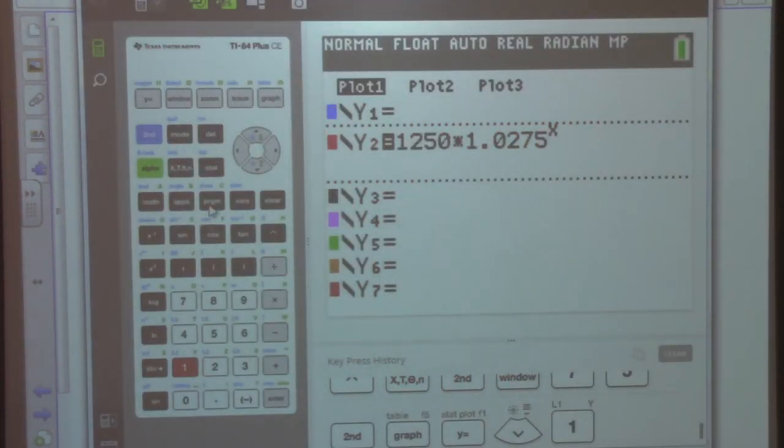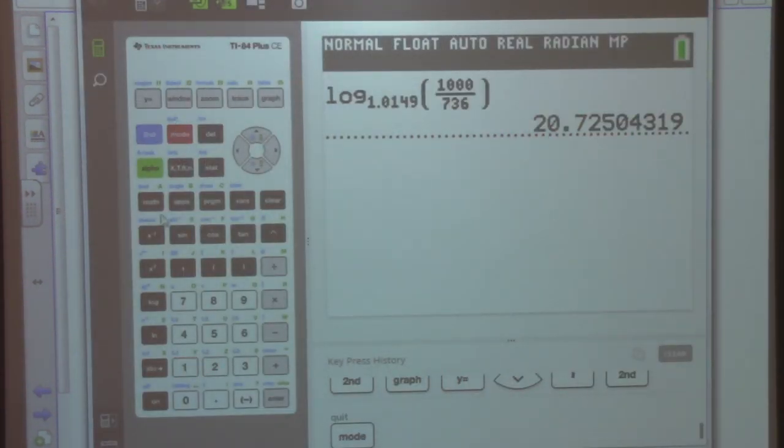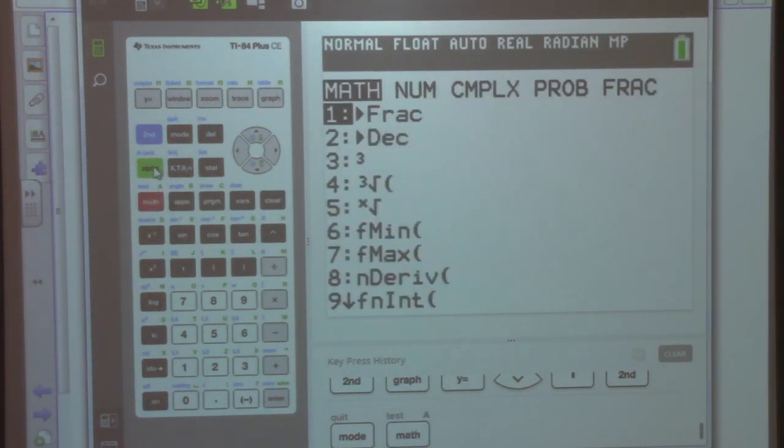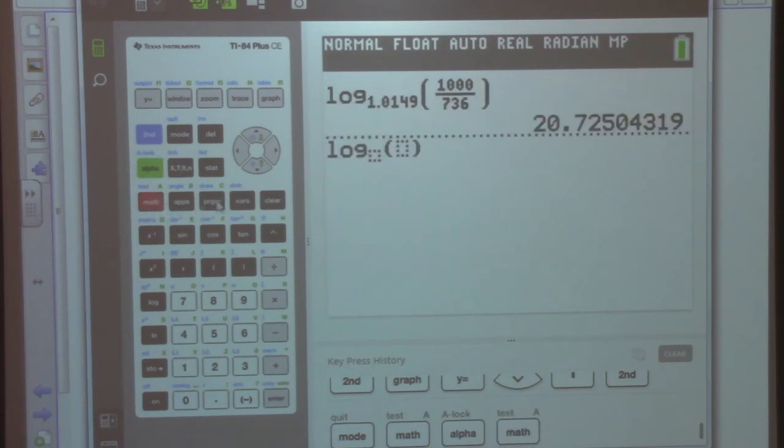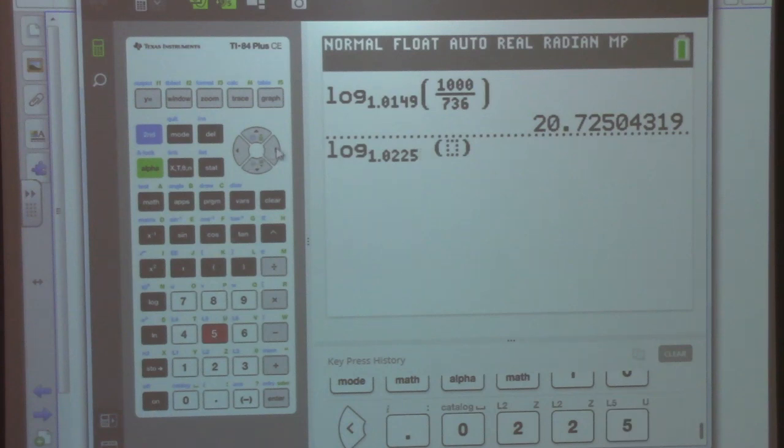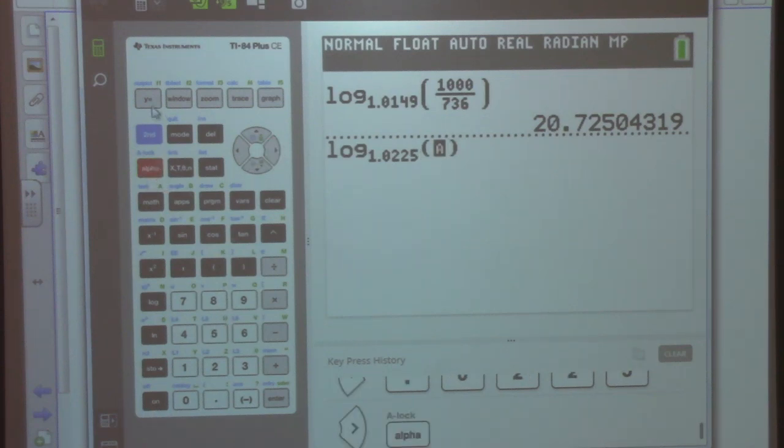I want to show you this in the calculator here. What you can do is you can go to math, and then you can go to alpha A. It takes you right to it. And 1.0225, and here you got, was it 200 over 42? Yeah.